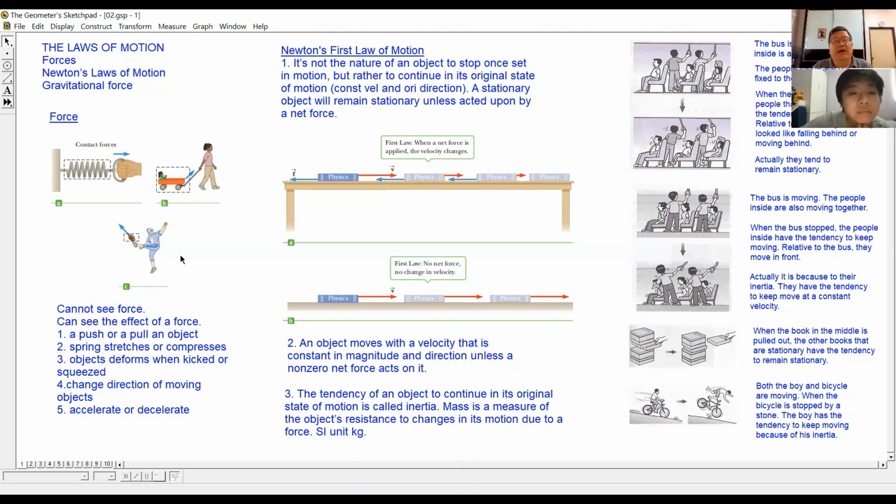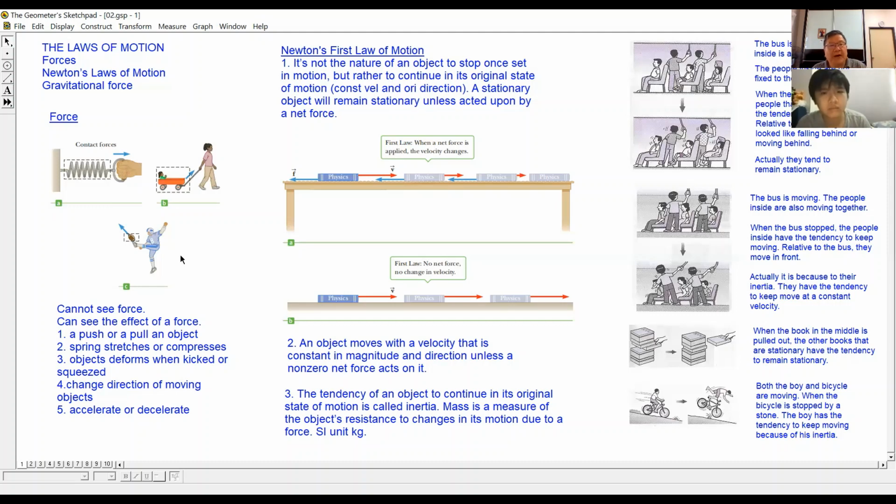Other than applying force on stationary objects, we can also apply force to change the shape of the object. A balloon can easily change shape, right? You squeeze the balloon or a wet towel, then you can see the effect of the force.